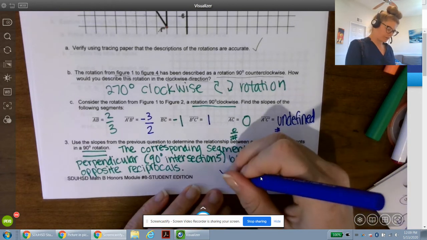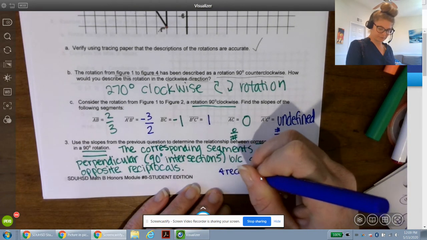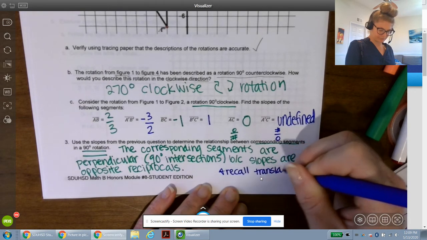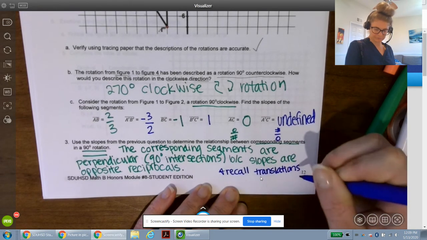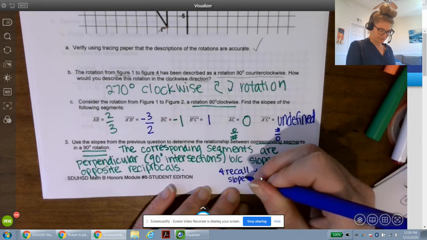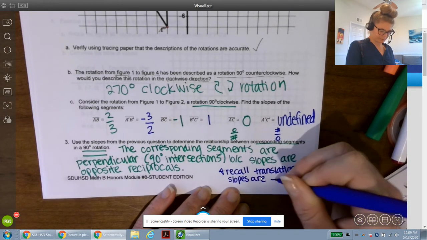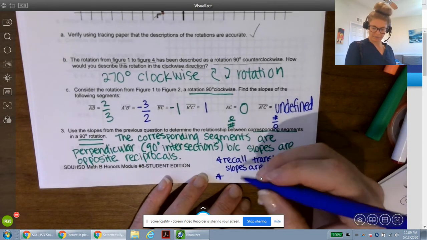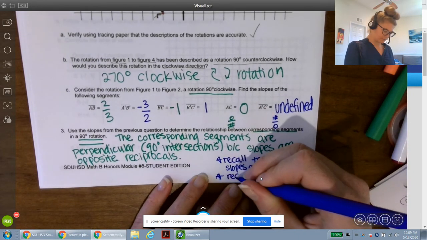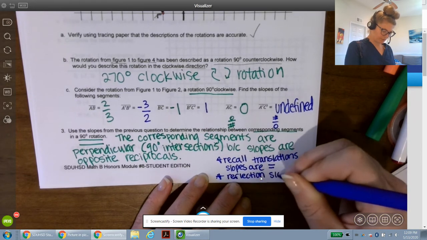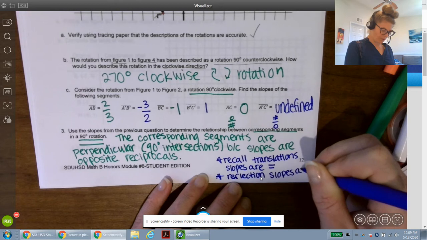So recall, we're just going to put a little note for ourselves. Translations: slopes are equal. And in a reflection, slopes are opposite.